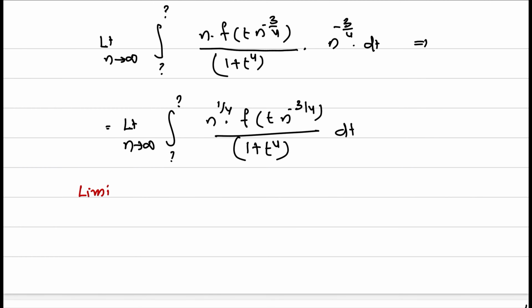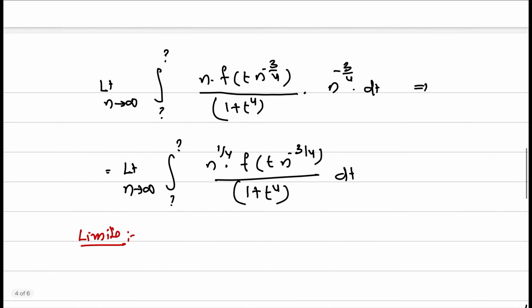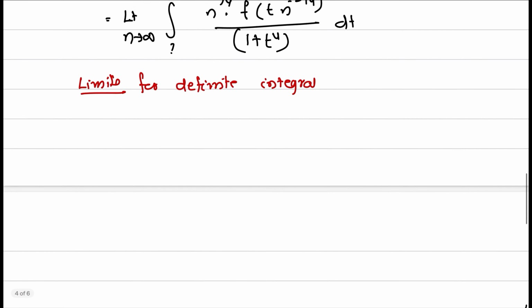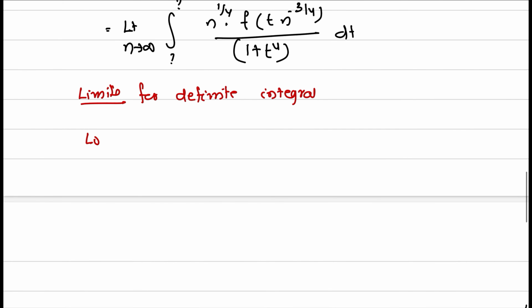In this type of problem we have to change the limits also. Limits for the definite integral, or we can say bounds. Lower limit originally is 0.